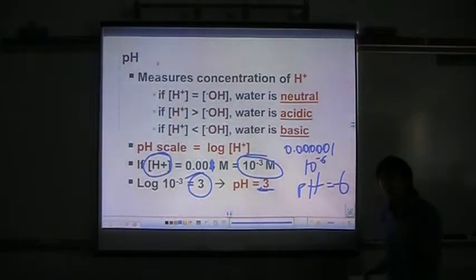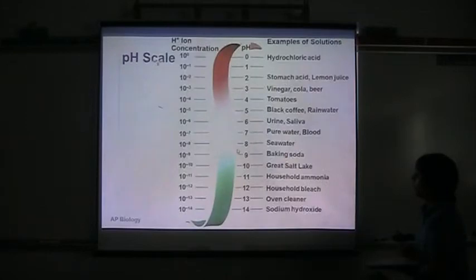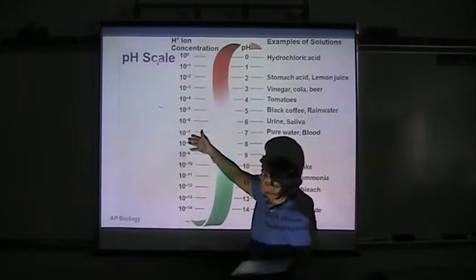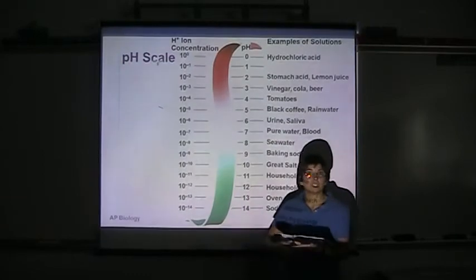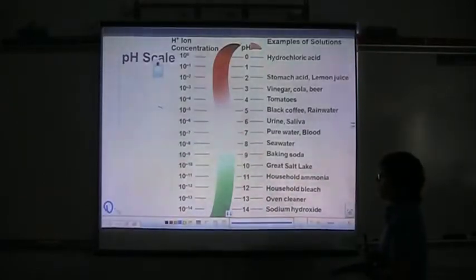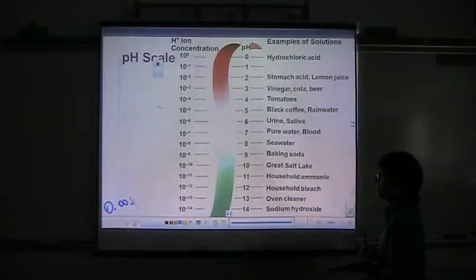This is what pH means. It's the concentration of the hydrogen ions in a solution. So, here is your concentration. Remember, this 10 to the minus 14 really means that you have 0.012345678 10 11 12 13 14.